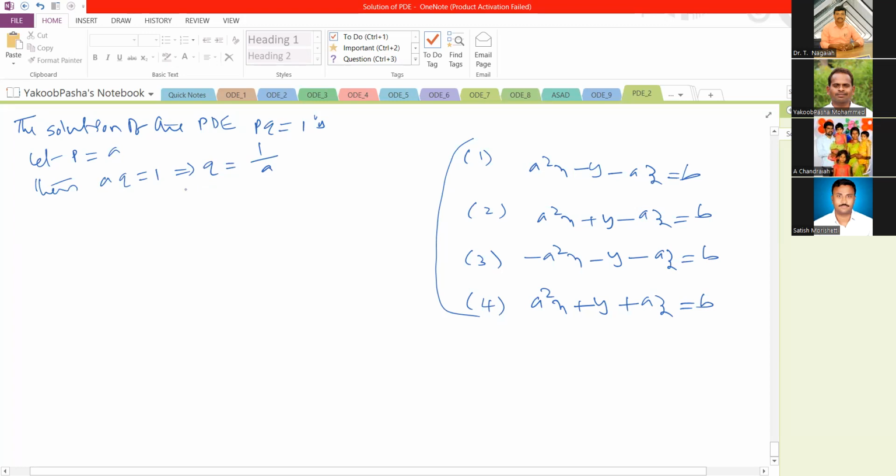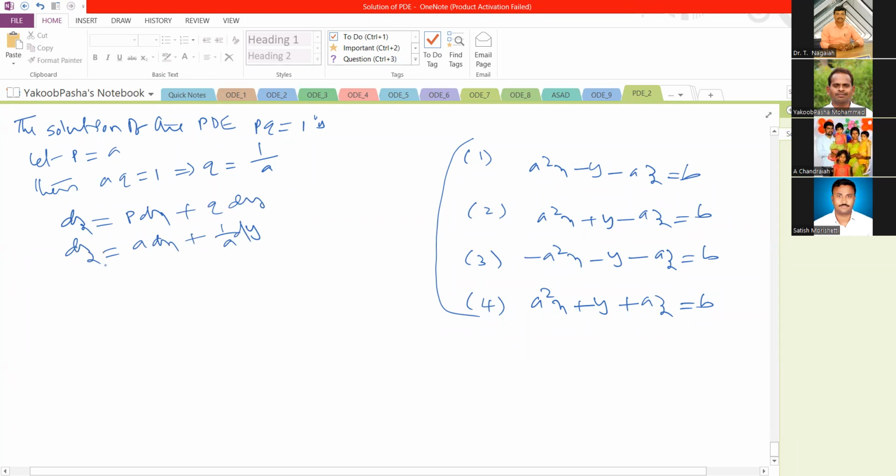And substitute in dz is equal to pdx plus qdy. Second option is the right option. So dz is equal to p value a, q value 1 by a into dy.